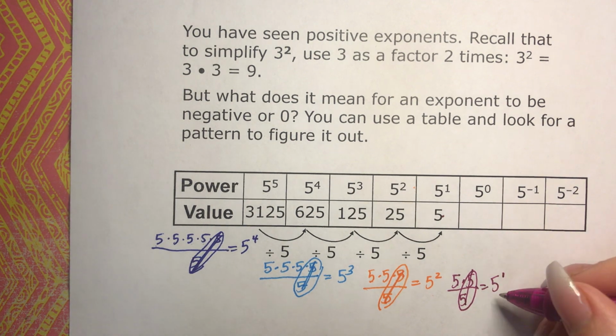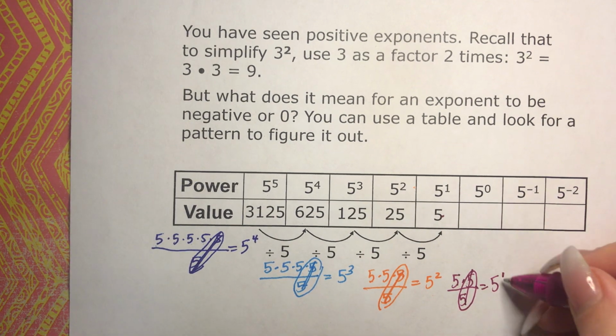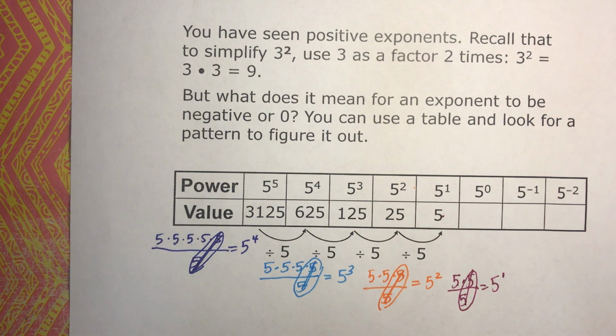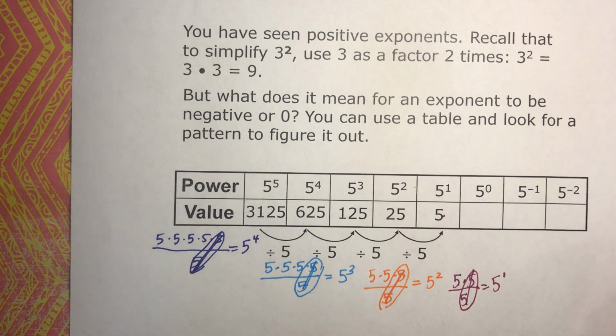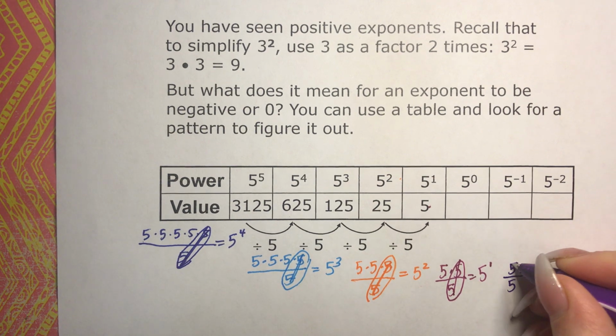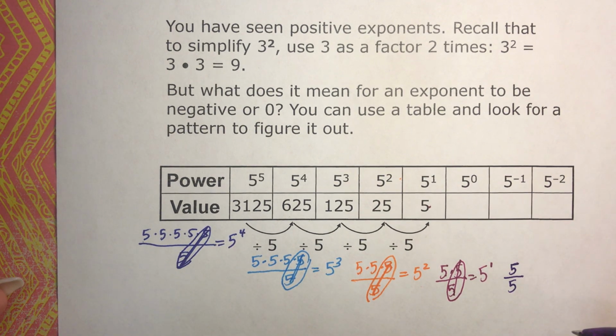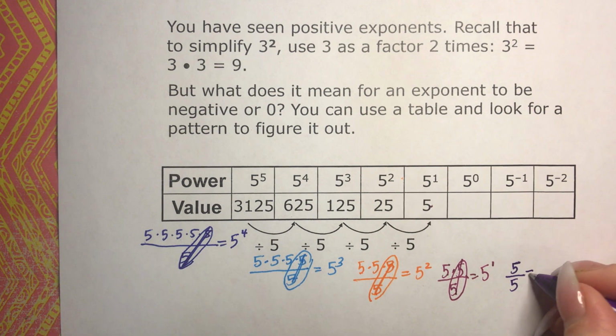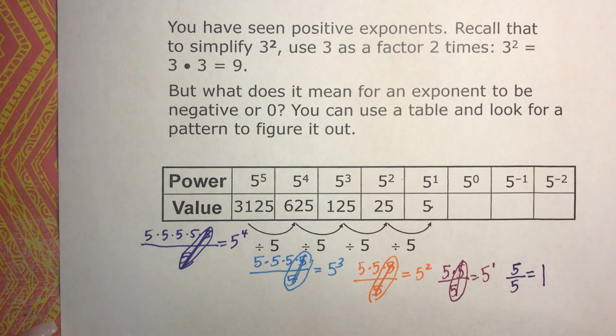But what happens when we take 5 to the 1st power and divide it by 5? What do we end up with? We end up with 1.